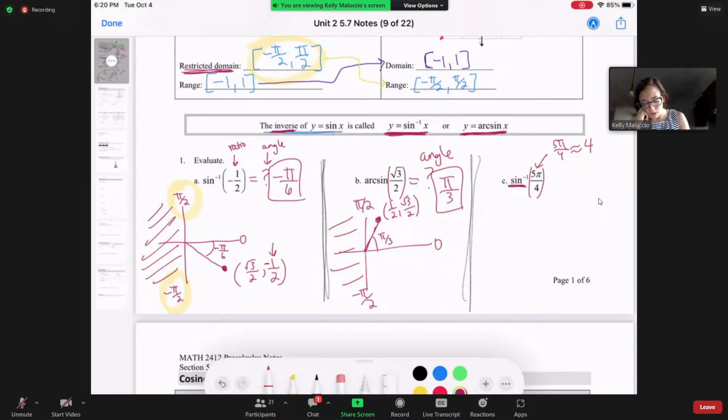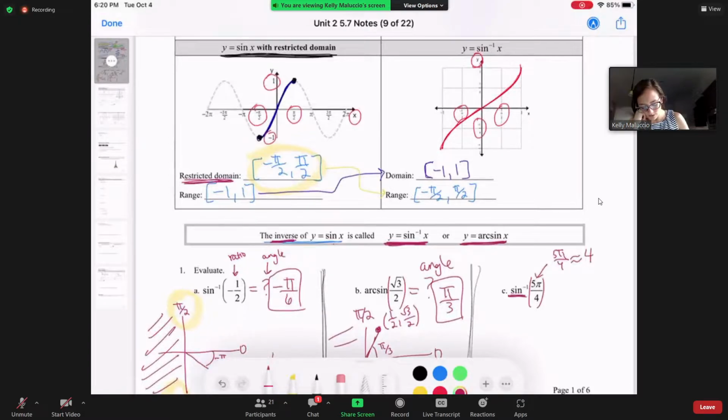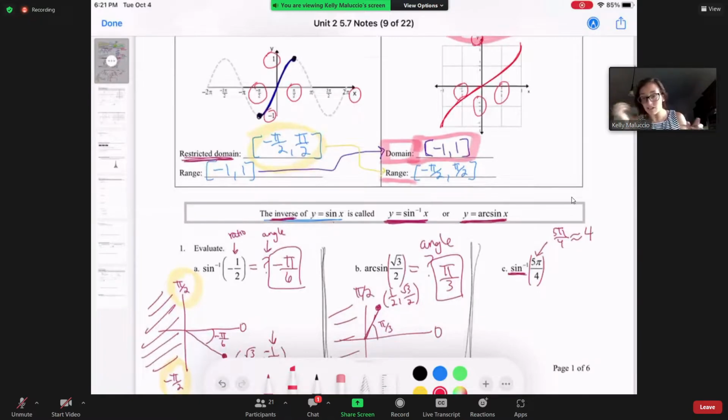But looking up at our inverse sine function up here, at my domain and range, my domain is -1 to 1, right? And approximately 4 does not fall in my domain.